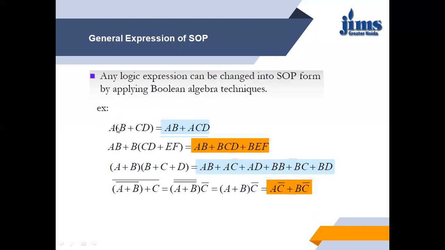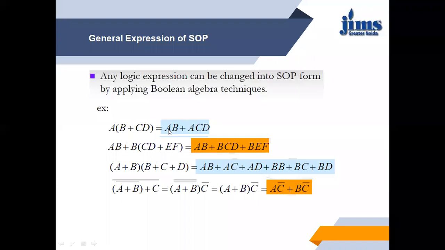Now here we say that the variables are A, B, C, D. But in the first term, C and D are missing, and in the second term, B is missing. So the standard form says that when we have four input variables A, B, C, D, then in each product term, each variable must appear. If it does not appear in each term, then it is a general expression.